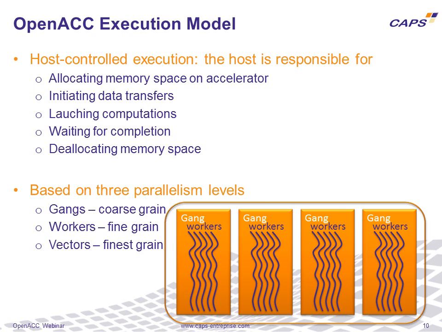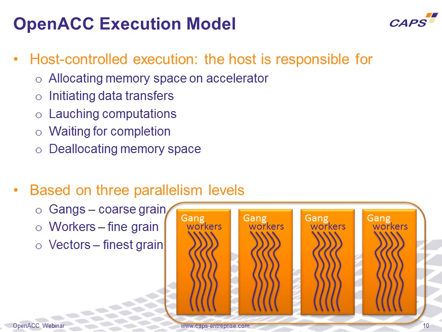To start working, here is an overview of the OpenACC model. In this host-controlled execution model, the host is responsible for allocating and transferring data from the host to the device, launching computations on the device, retrieving results from the device to the host, and deallocating memory space on the device.